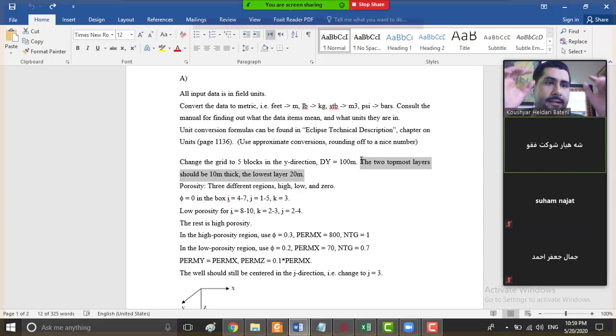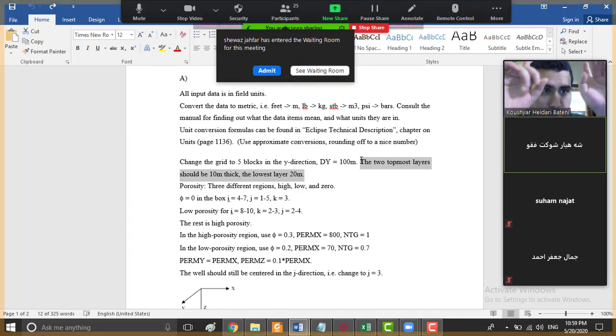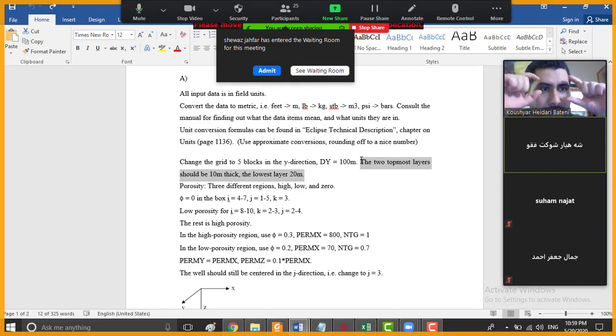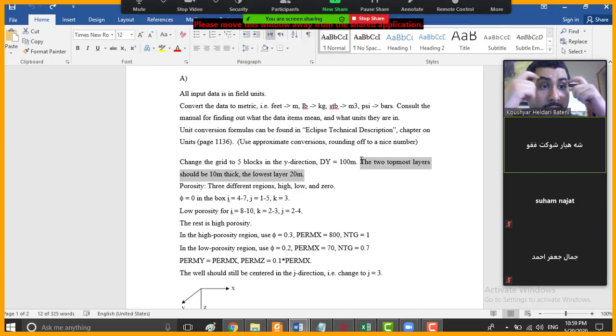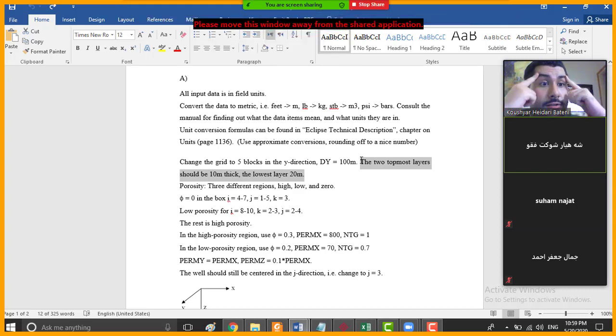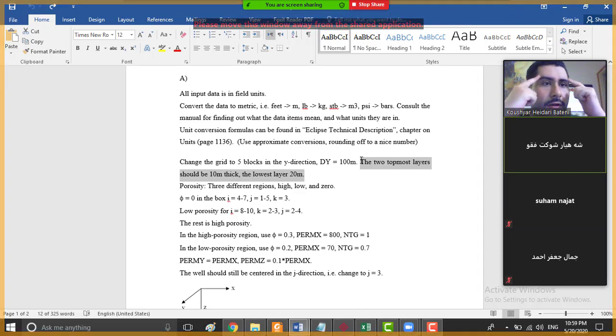So the thickness for the first layer and the second layer is 10, and the thickness for the third layer is 20. Now, in the first layer, how many cells do we have? 10 multiplied by 5.